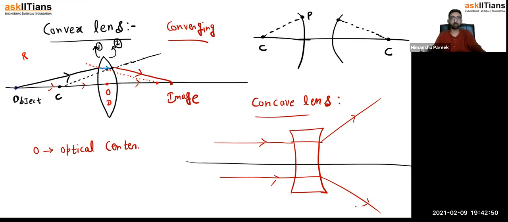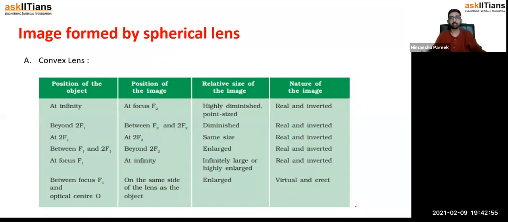So let's discuss about that now, the different ray formation cases for the spherical lenses. So let us begin with the convex lens first of all. Okay, so all these cases I'm going to show you in the next slide now with the ray diagram.